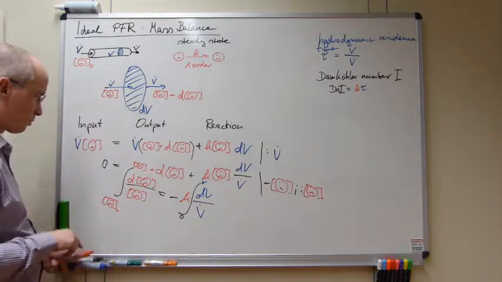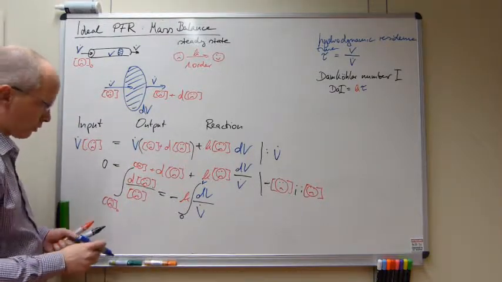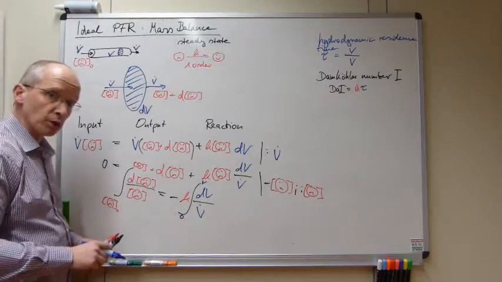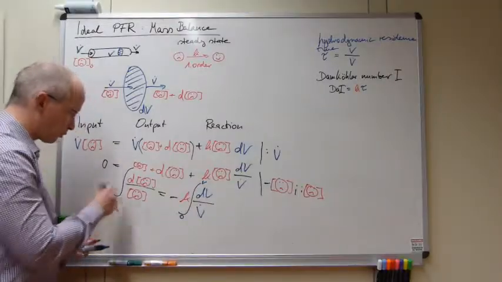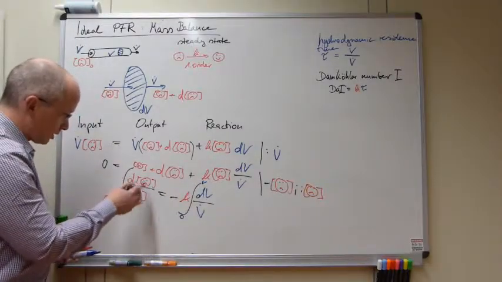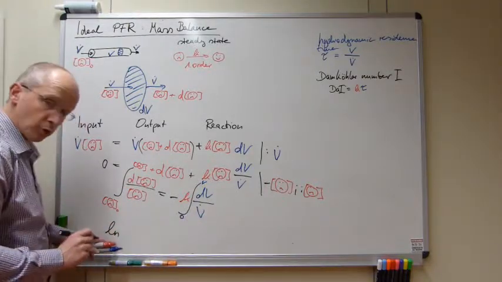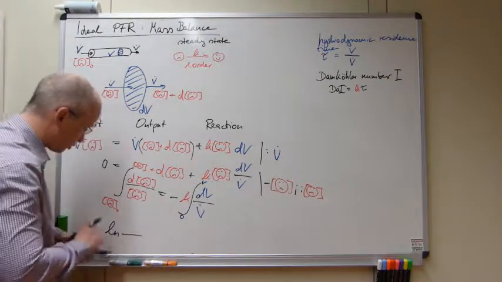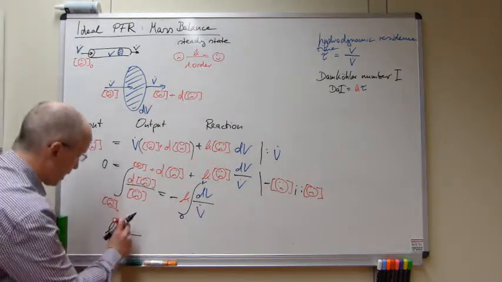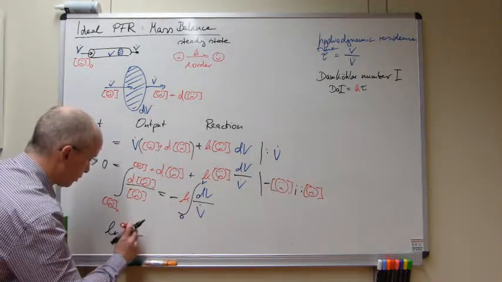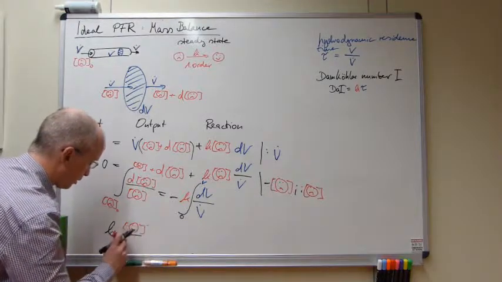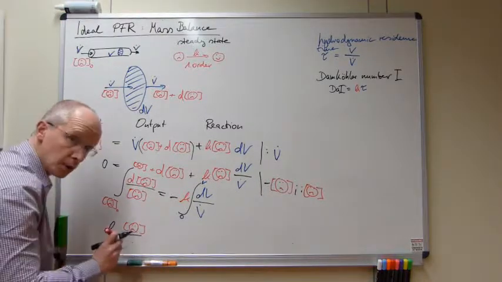And as unsurprising for a first order reaction, we see this familiarly here. We see that this will be the natural logarithm of the ratio of the actual concentration divided by the initial concentration.